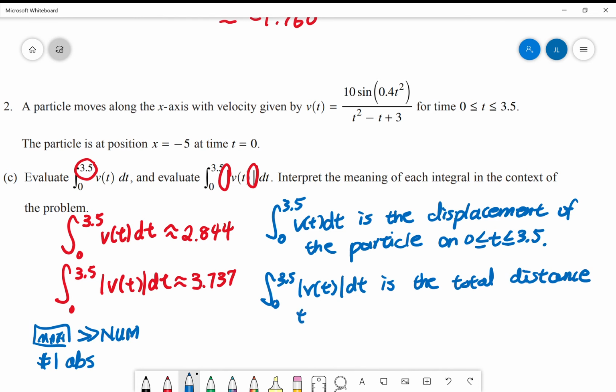Total distance the particle travels. And again, you want to put the interval on which this happens. t is less than or equal to 3.5, greater than or equal to 0. So just remember, with absolute values around the v of t, the integral would be the total distance. Without the absolute value, it is the displacement.